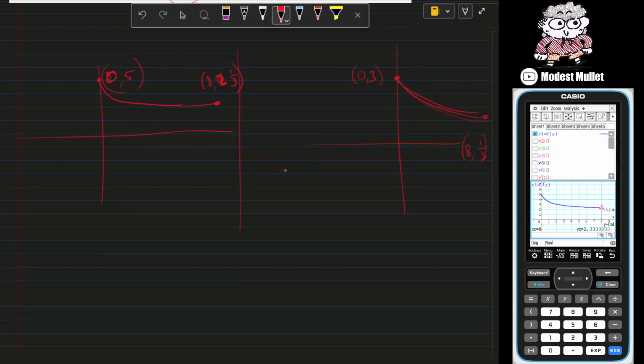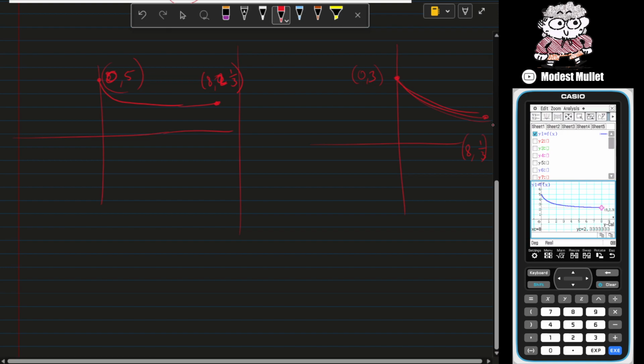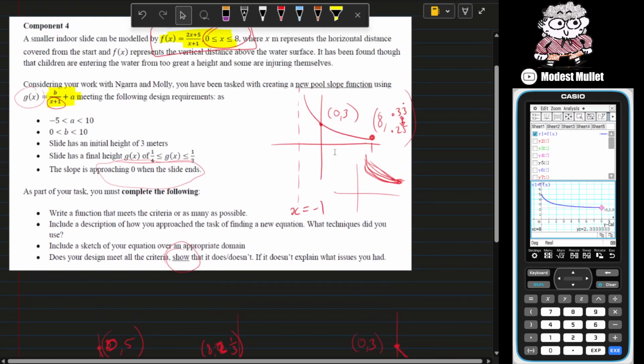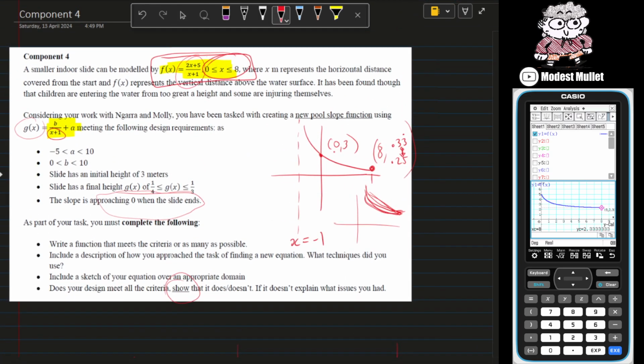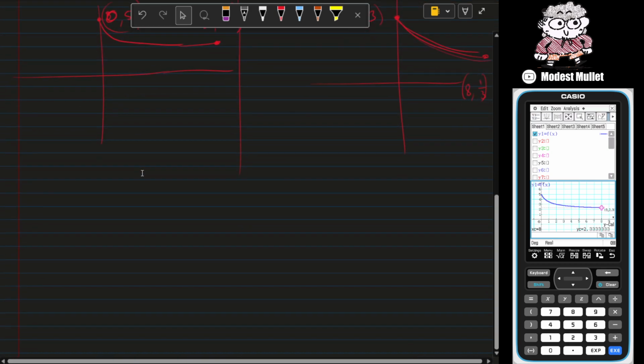I'm going from 0,5 to starting at 0,3, and my current function ends at 2 1/3, and I want to end at 1/3. Both those points have just been translated down 2. So we could just apply a vertical translation down of 2, because this equation can be rearranged into this form. So let's have a look at that first.